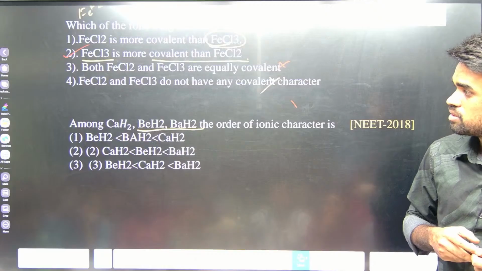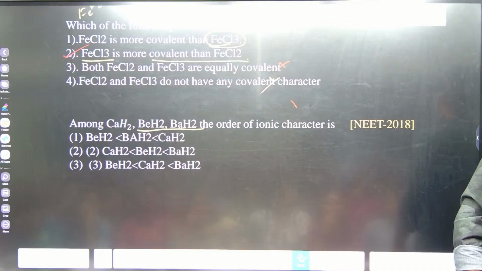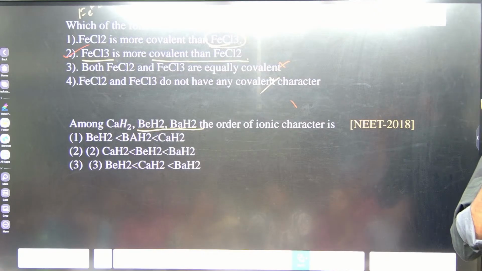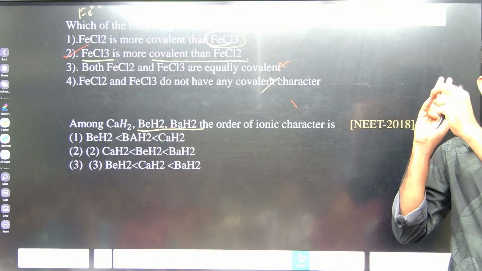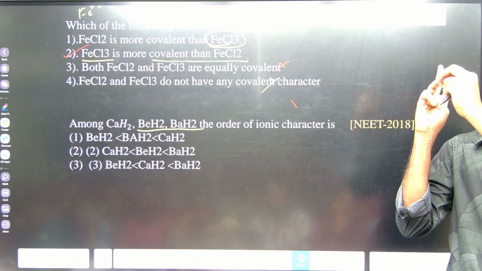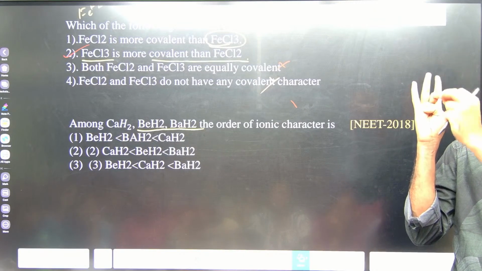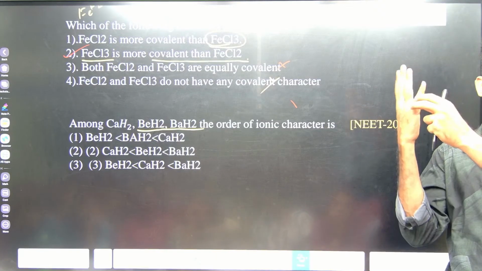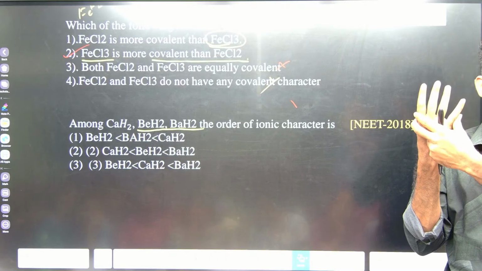The cation should be small, or the cation should have more positive charge. With respect to the anion, the anion should be large and should have more negative charge. If these four rules are followed, then that species will have more covalent character.